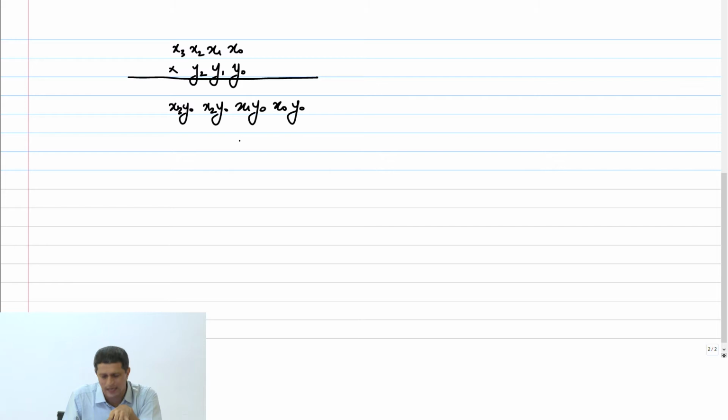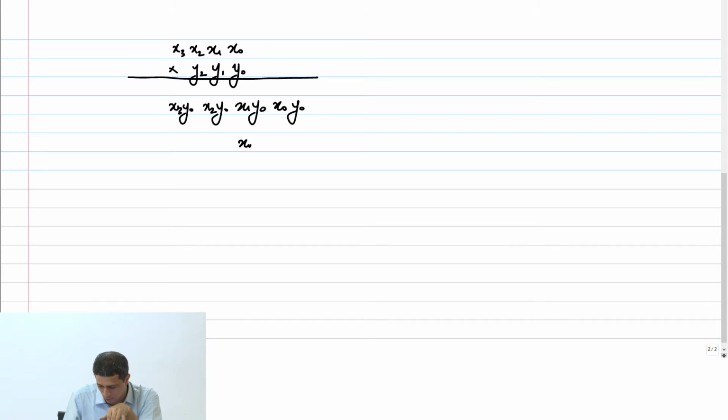So this is exactly like how we do normal multiplication, right? So this will be x1 y0. Oh, sorry. No. I need to do x0 into y1, right?